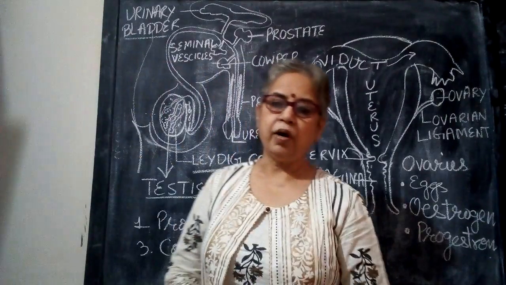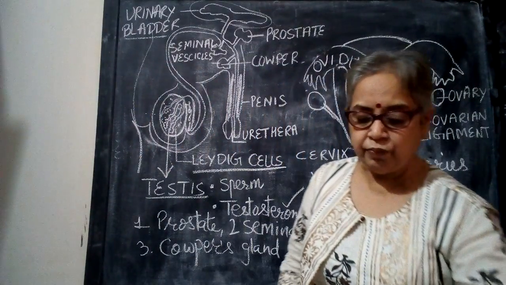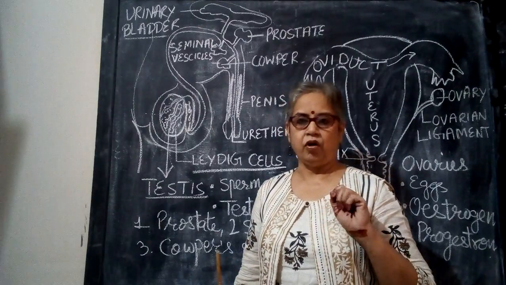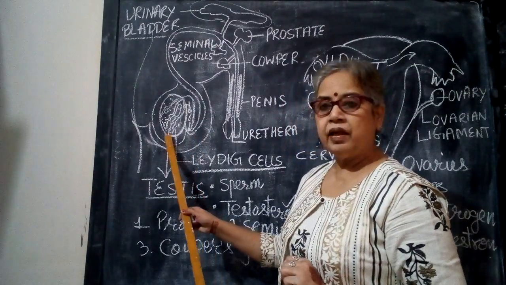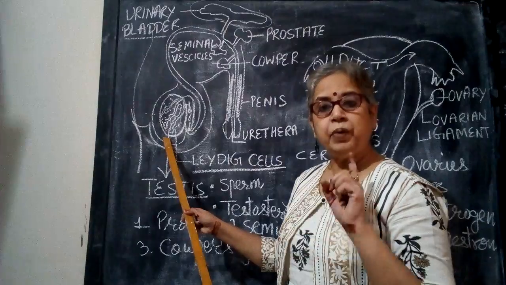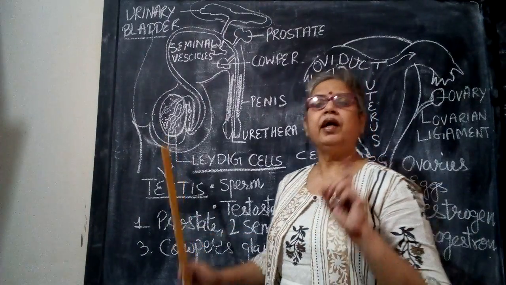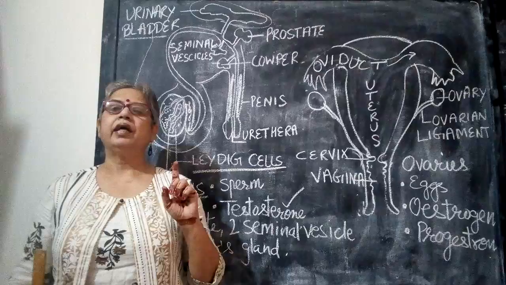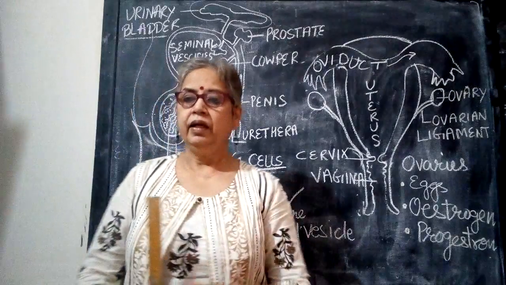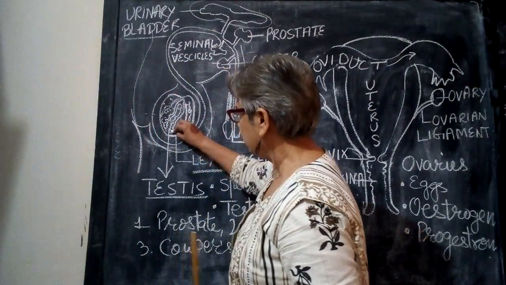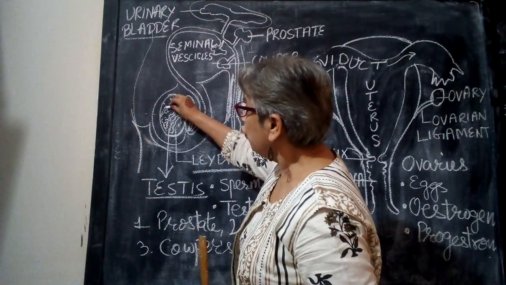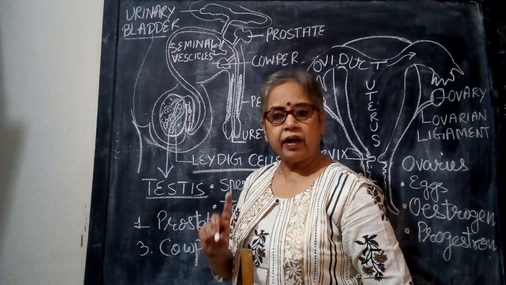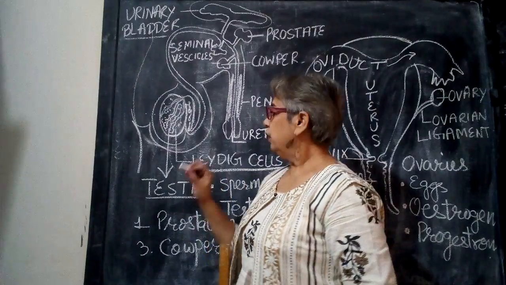When we talk about male reproductive system, students, it consists of primary sex organ, that is testes. A pair of testes is the primary sex organ in case of human male. Now, inside the testes, there are numerous millions of seminiferous tubules.